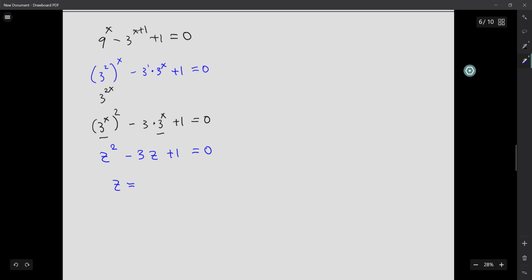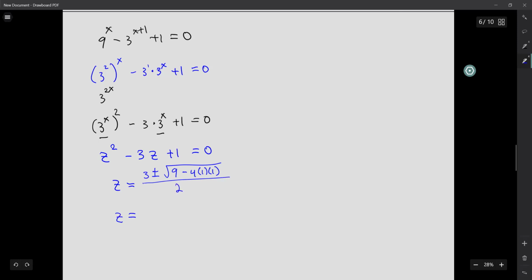We'll have z equal to minus b, so that's a 3, plus or minus the square root of b squared, 9, minus 4 times 1 times 1, so 4ac, all over 2a, so that's just 2.